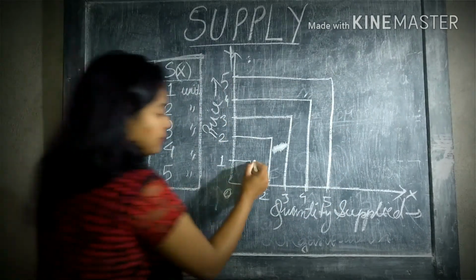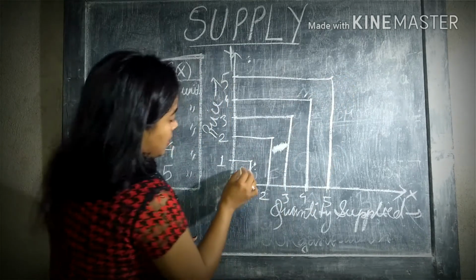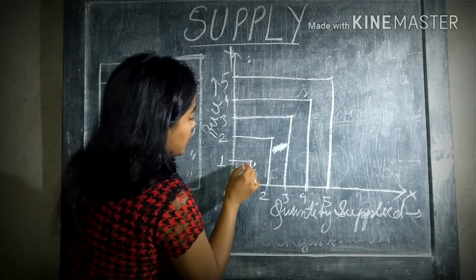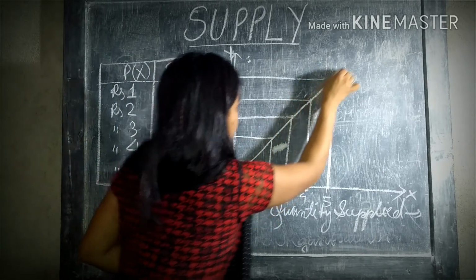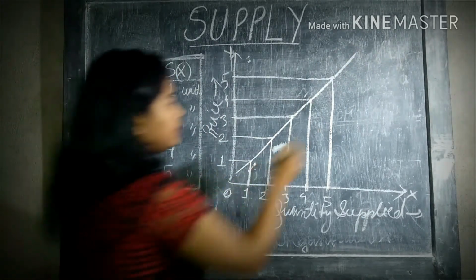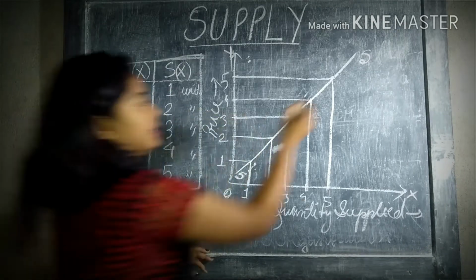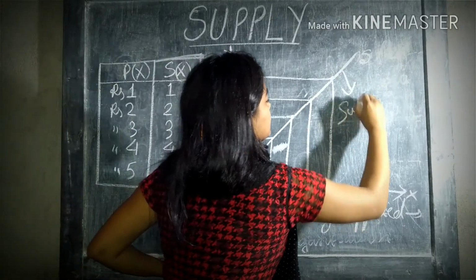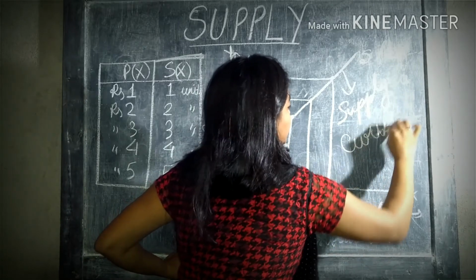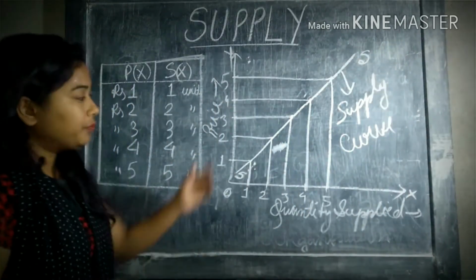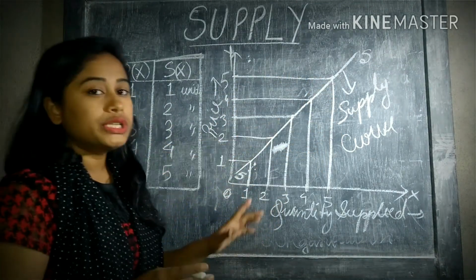Okay, so if we join these points, then we will get the curve. And this curve we can name SS. This curve is known as the supply curve of a commodity.